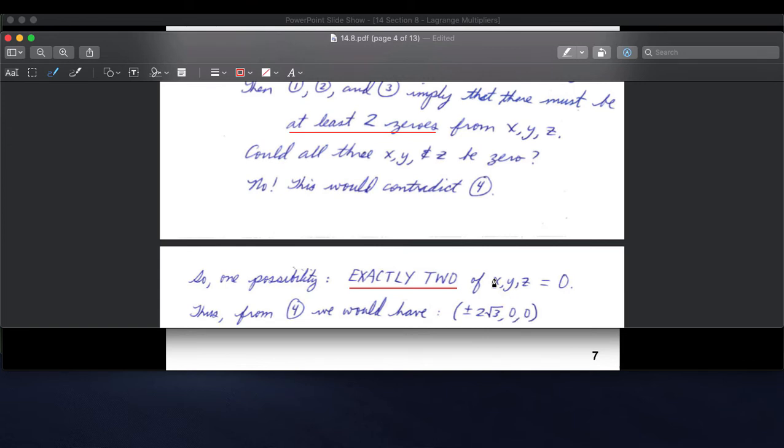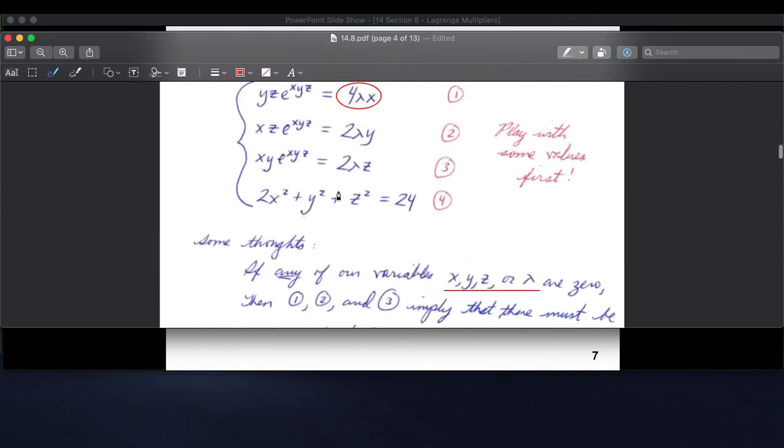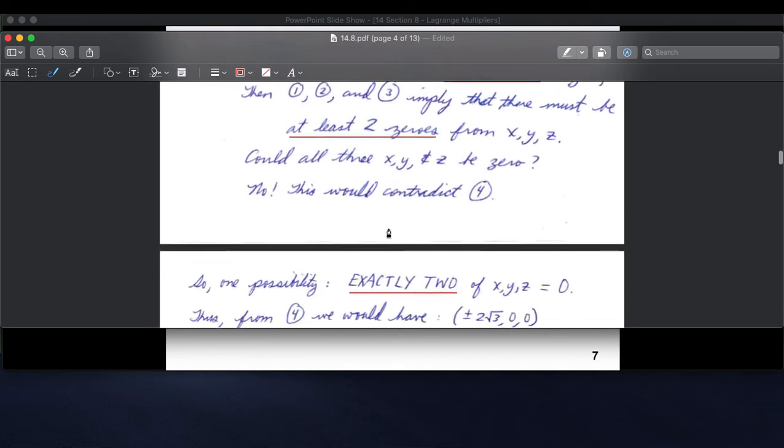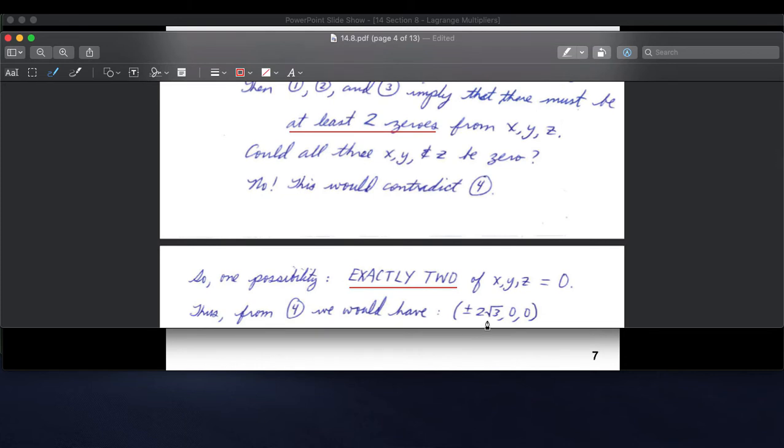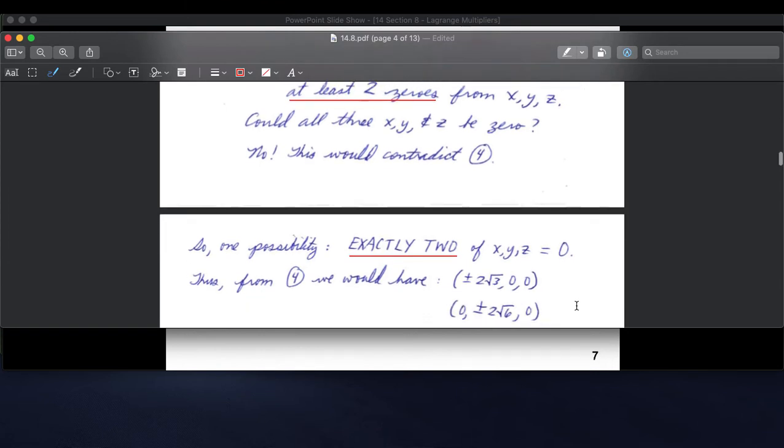If y and z are 0, this is 0, this is 0, we get 2x squared equals 24. Solving for x gives us plus or minus 2 radical 3. That's one possibility for your extreme values. Or what if x and z are 0? Then y is plus or minus 2 radical 6.